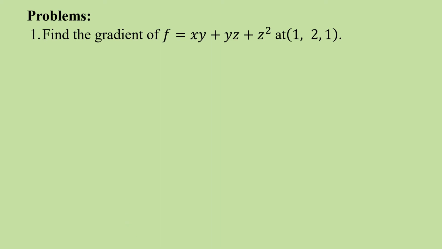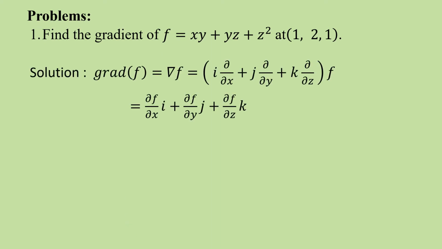All of you know that the gradient of f means del f. So I have to find del f. The del is a vector differential operator, i dou by dou x plus j dou by dou y plus k dou by dou z, operating on f. If I operate that on f, that means term by term I have to differentiate partially, with respect to x, with respect to y, with respect to z.